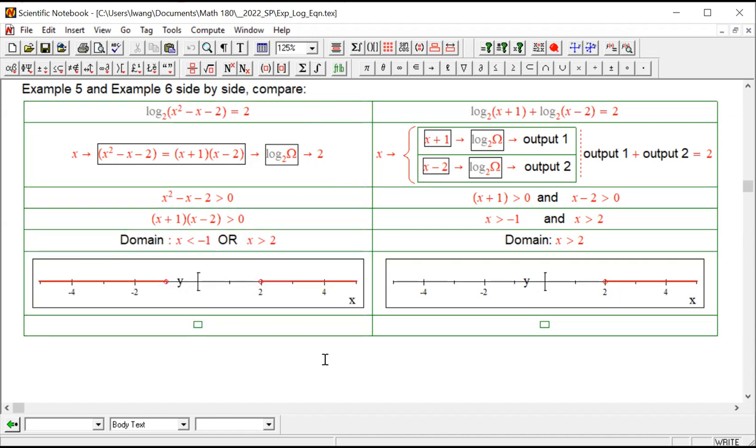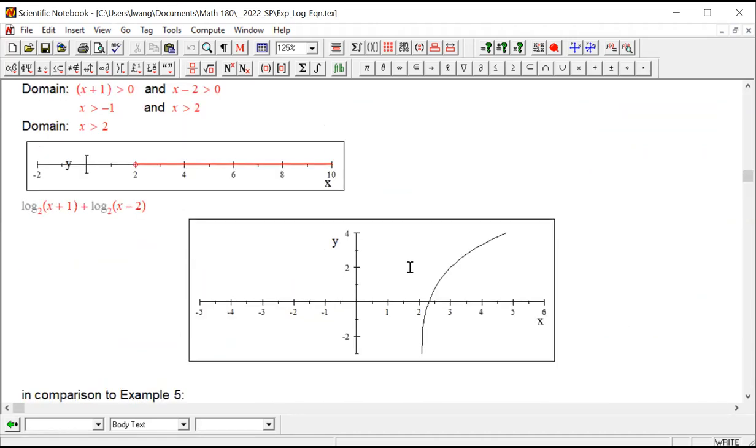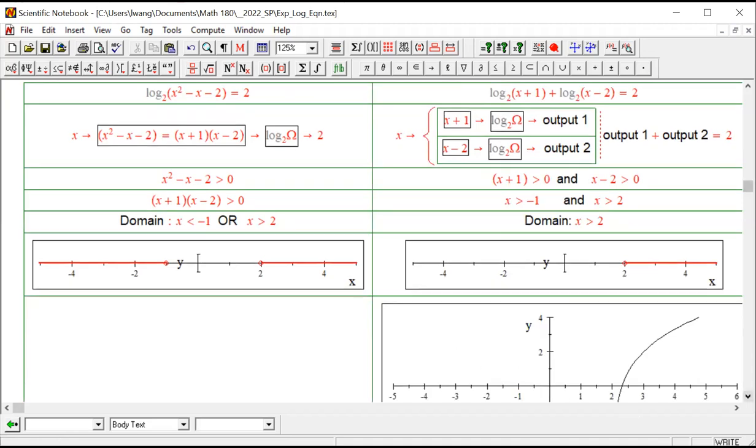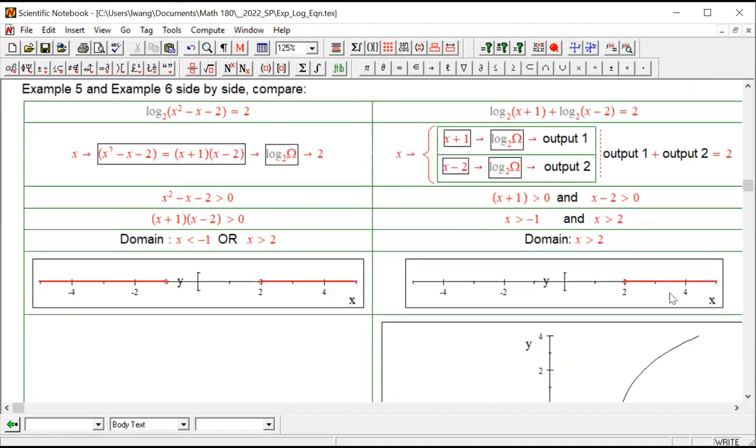Whenever you have input for any logarithm, you have to guarantee that input is positive. So this must be positive, this must be positive. And the graph of these two curves, that's where we see a big difference. This is the graph for number 6, because of the curve.